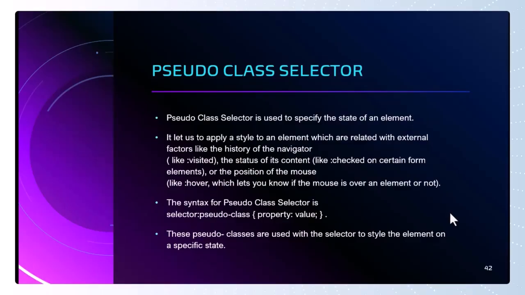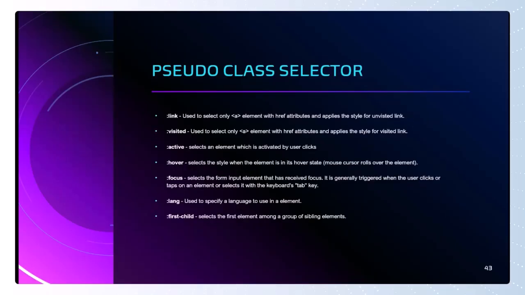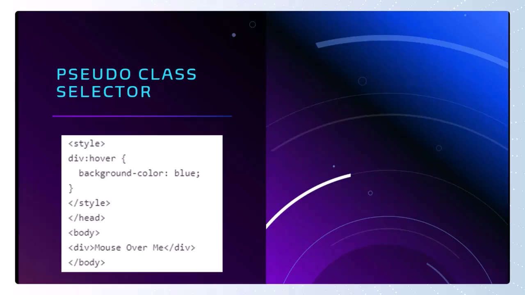The syntax for the pseudo class selector is selector pseudo class with the property and value. These pseudo classes are used with the selectors to style the element on a specific state. So you have link, visited, active, hover, focus, lang, and first child. This is an example of the pseudo class selector with the hover.